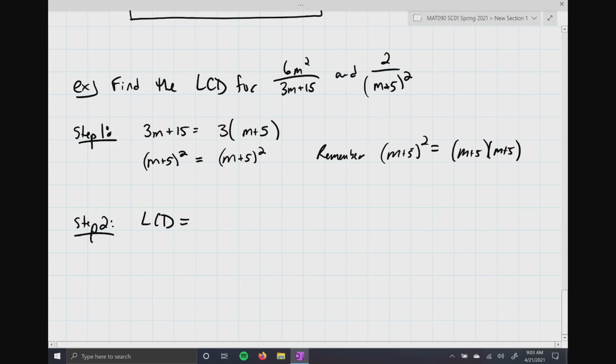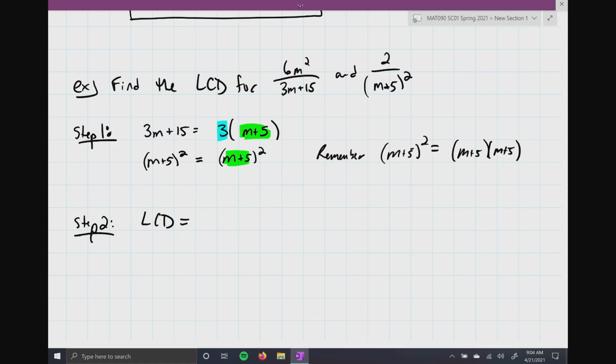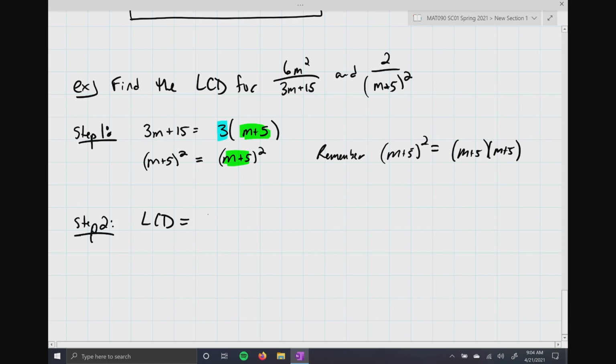Let me show you all the unique factors. I wanted to do them in separate colors. So my unique factors are a 3 and the m plus 5. And the reason why I did m plus 5 in green is because they're the same in both denominators. The question becomes, how many 3s and how many m plus 5s?